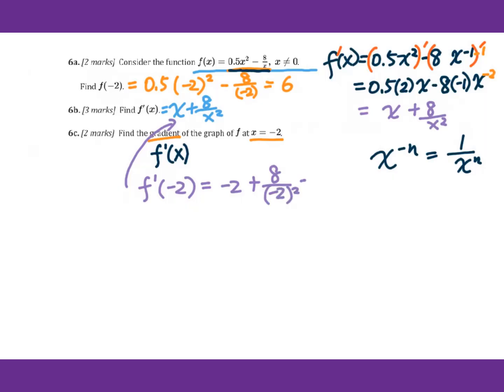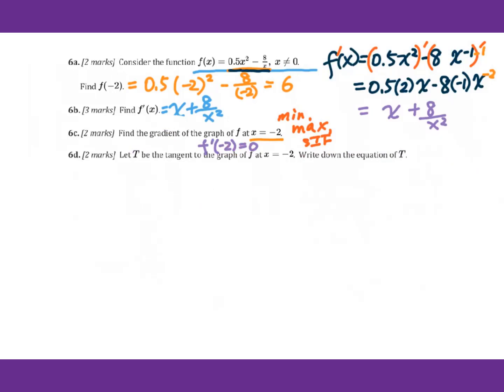You will get 0. When the derivative equals 0, that means x equals negative 2 could be a minimum, a maximum, or a stationary inflection point.